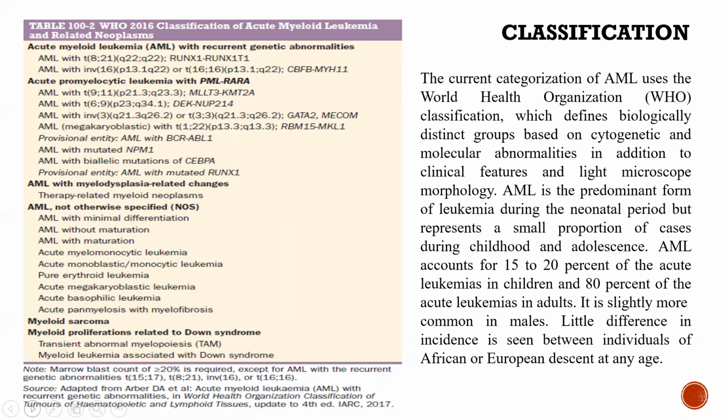This type of leukemia is the predominant form of leukemia during the neonatal period, but represents a small proportion of cases during childhood and adolescence. It accounts for 15 to 20% of the acute leukemias in children and 80% of the acute leukemias in adults. It's slightly more common in males. Little difference in incidence is seen between individuals of African or European descent at any age.